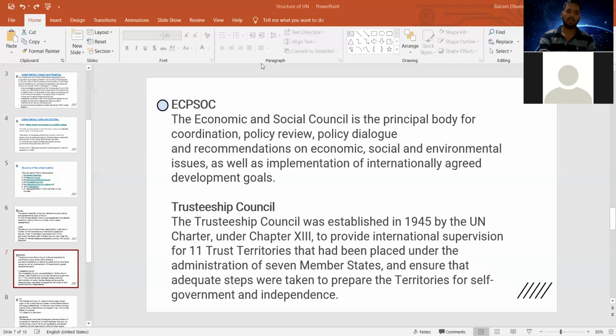ECOSOC. ECOSOC is the Economic and Social Council, which is the principal body for coordination, policy review, policy dialogues and recommendations on economic, social, and environmental issues.